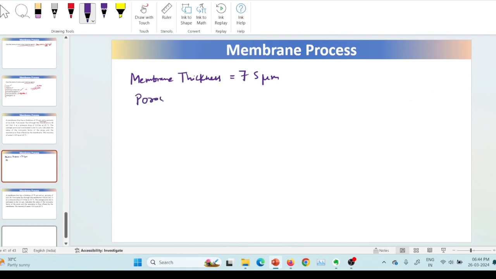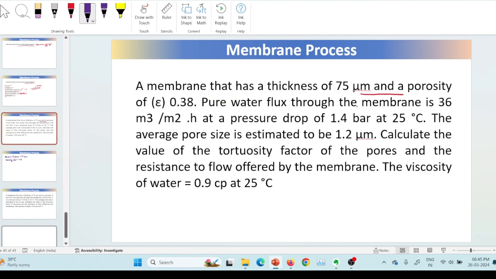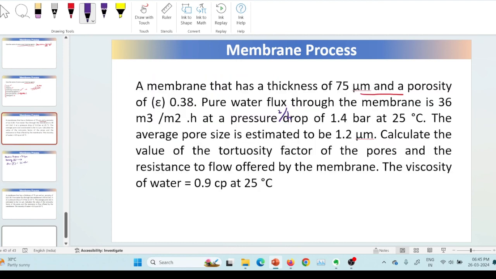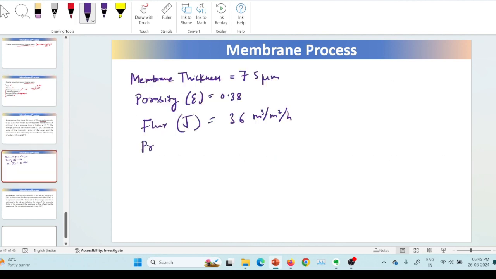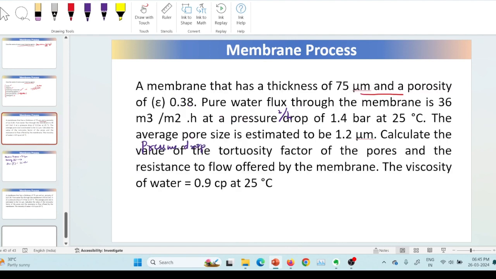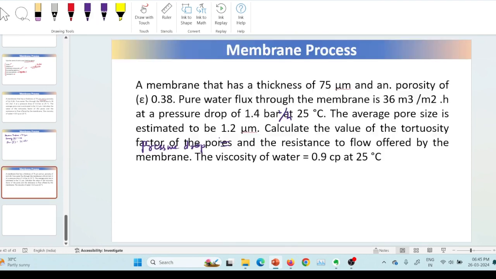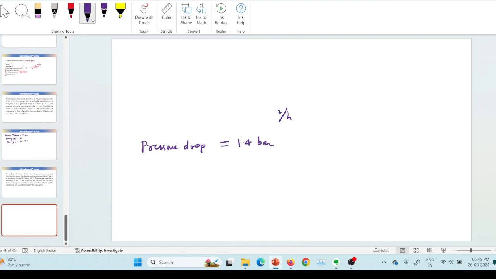The pure water flux of the membrane is 36 meter cube per meter square per hour, and a pressure drop of 1.4 bar.